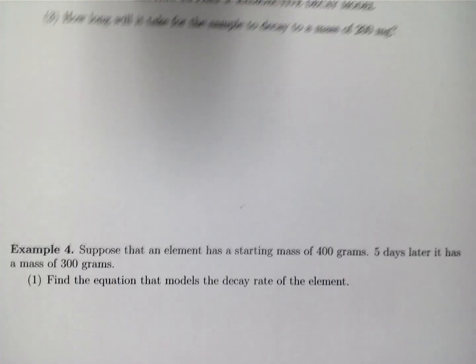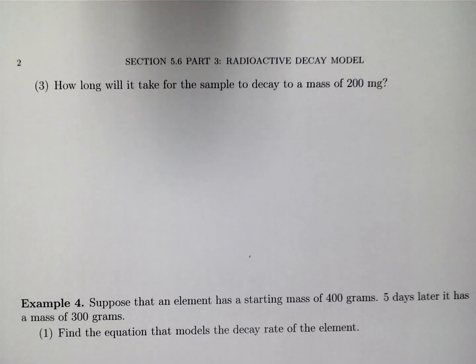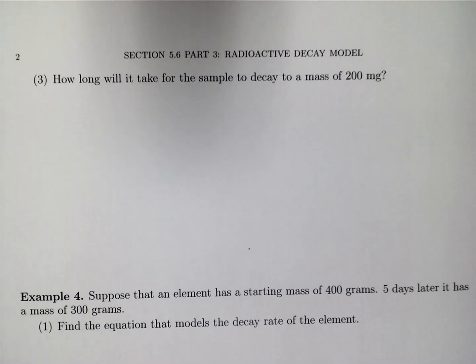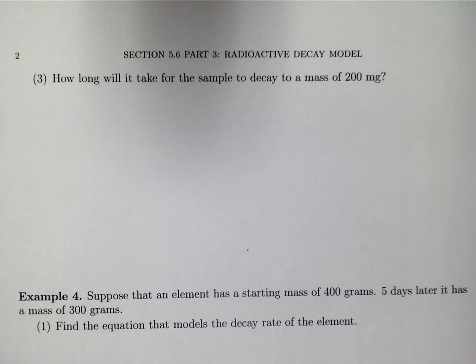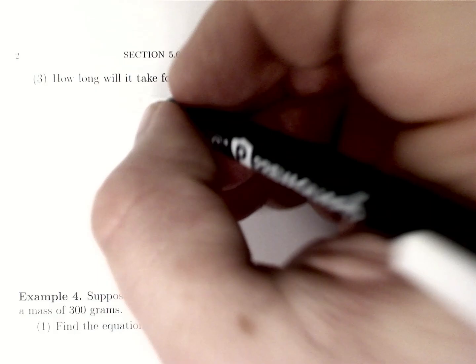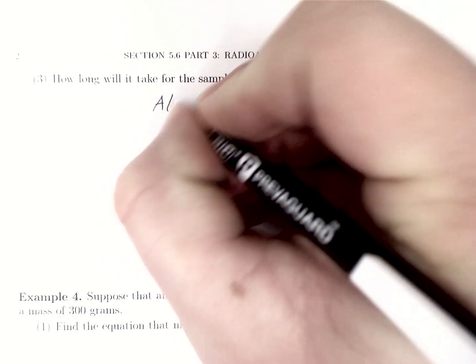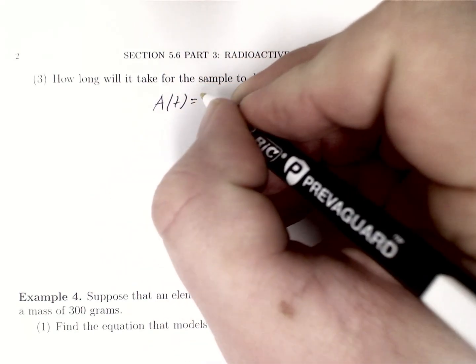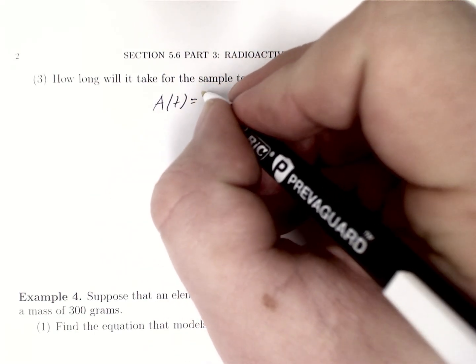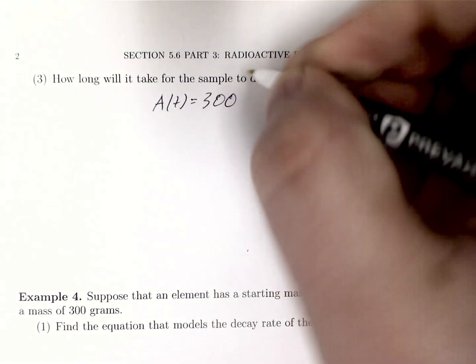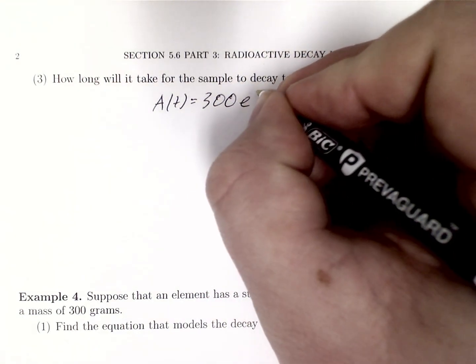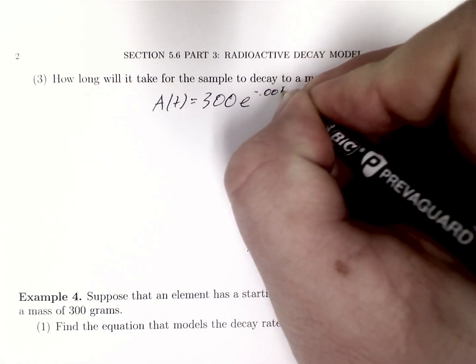We could also have the other type of problem where it asks how long will it take for the sample to decay to a mass of 200 milligrams. So our formula is A of t equals, remind ourselves, 300 e to the negative 0.005 t.